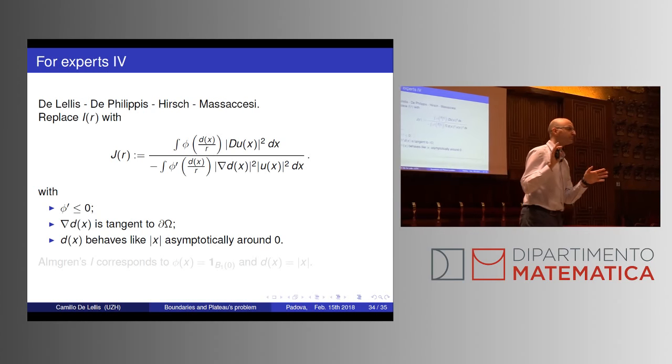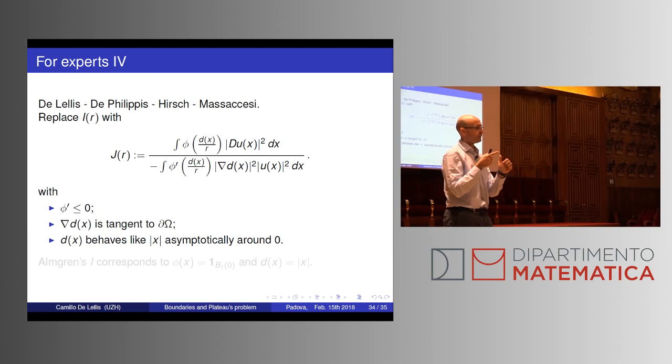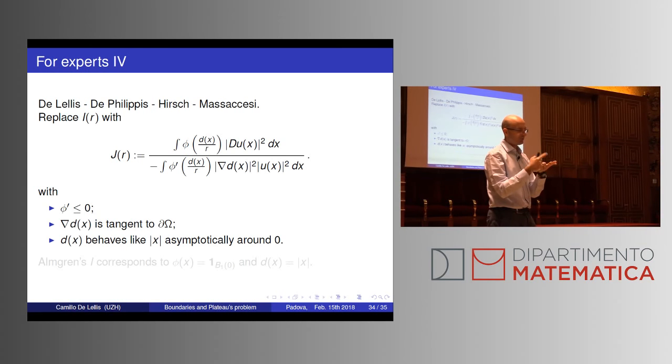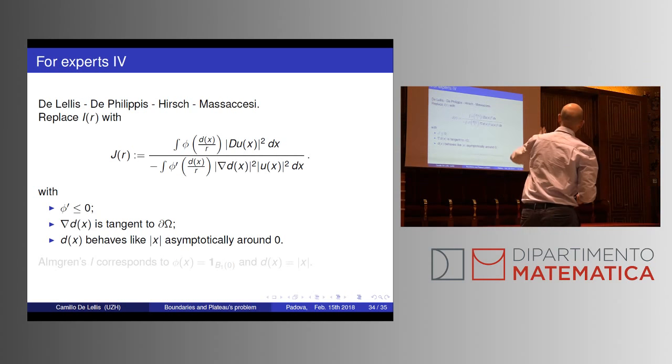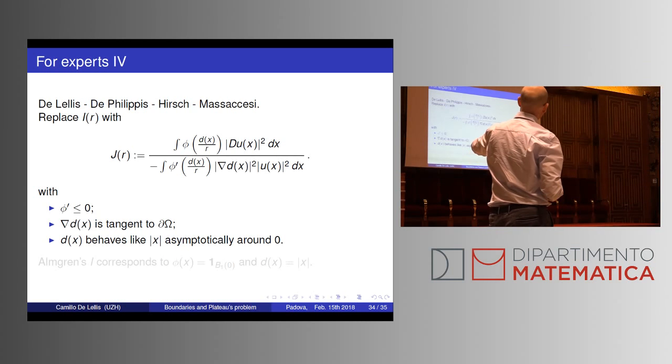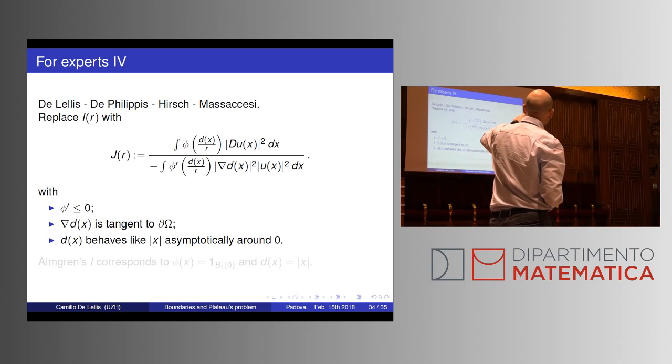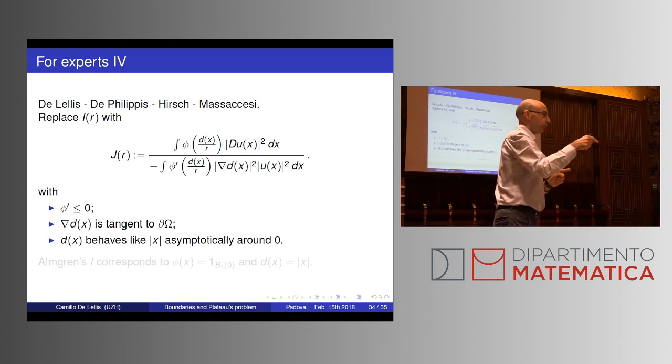For the experts, it needs the function, the first derivative and the second derivative, to have the same asymptotic decay or blow up of the corresponding derivatives of modulus of x. Okay? You can perturb it by a higher power. Okay? Provided you have these three properties, then that function is actually monotone.